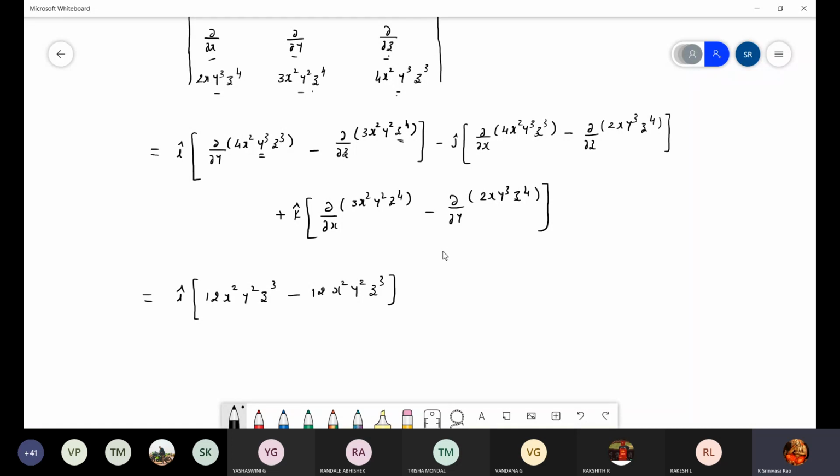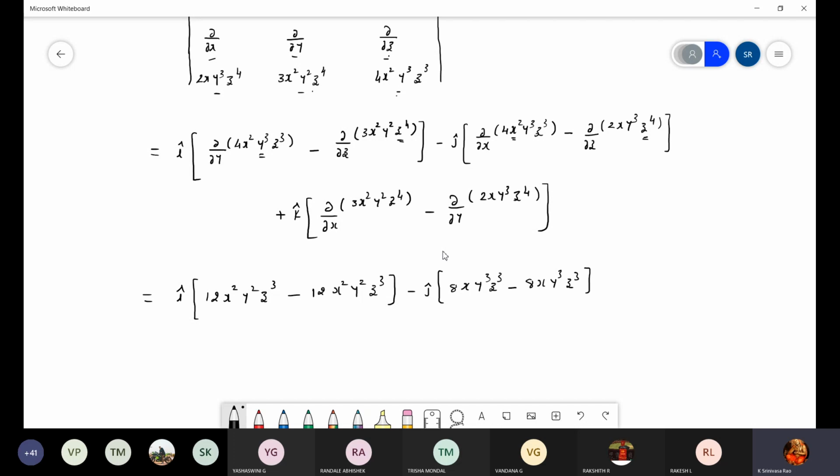This is the first one. Minus j into, with respect to x, square differentiation is 2x, so 2 4s are 8x y cube z cube, minus with respect to z, you have to differentiate only z power 4, that is 4z cube, 4 2s are 8x y cube z cube.